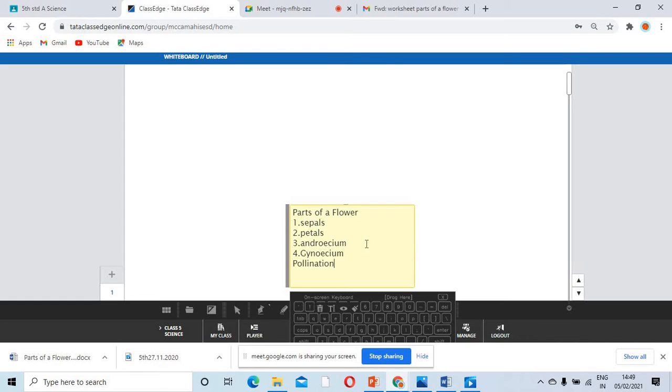And this is a new word you are learning right now. You will listen very carefully. Under that we are going to learn two types. One is self-pollination, and the second one you are going to learn is cross-pollination.